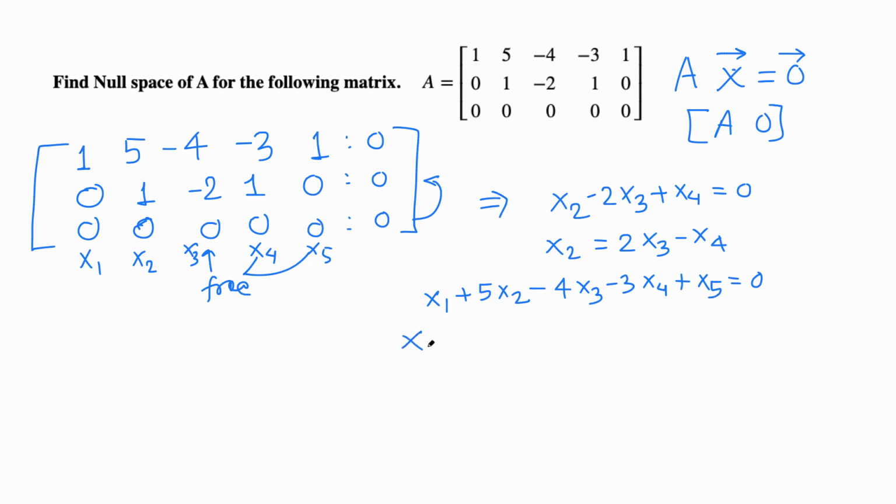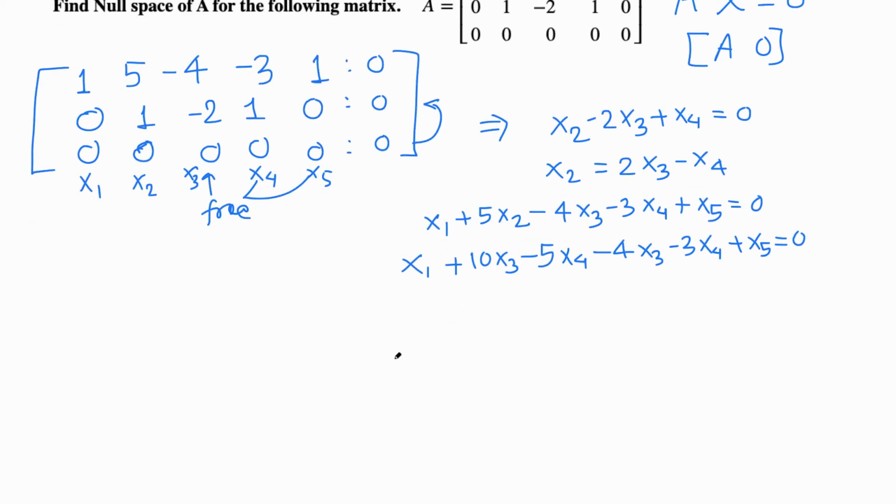So this is x1 plus 5 times x2. 5 times x2 is 10x3 minus 5x4, minus 4x3 minus 3x4 plus x5 equals 0. So we are solving for x1, and x3, x4 and x5 are free variables.